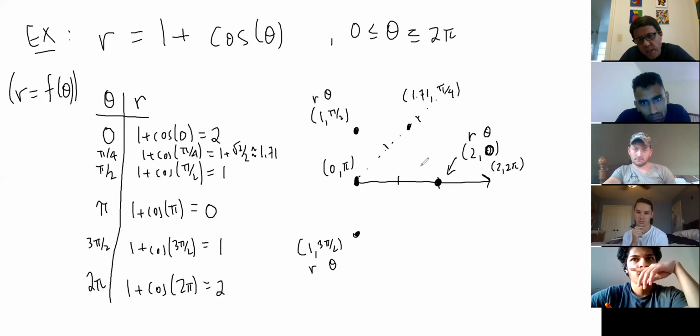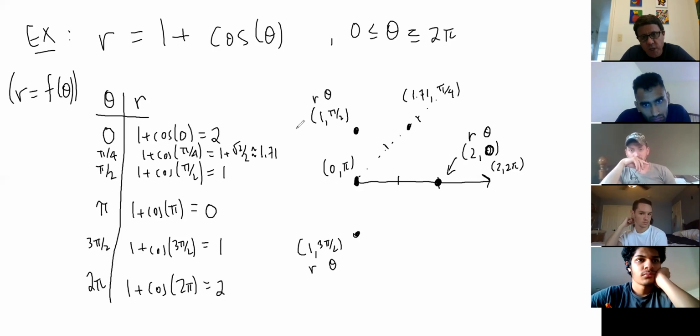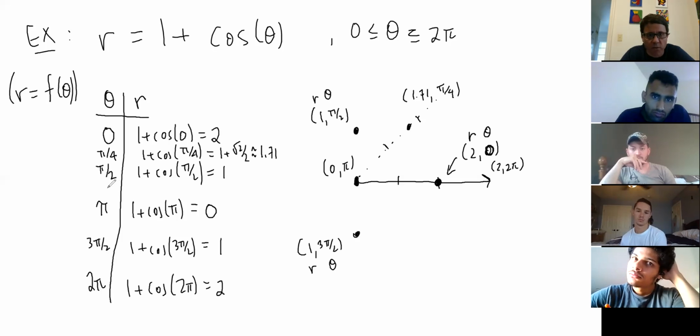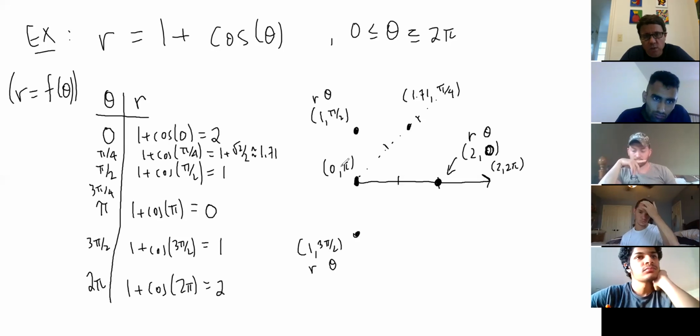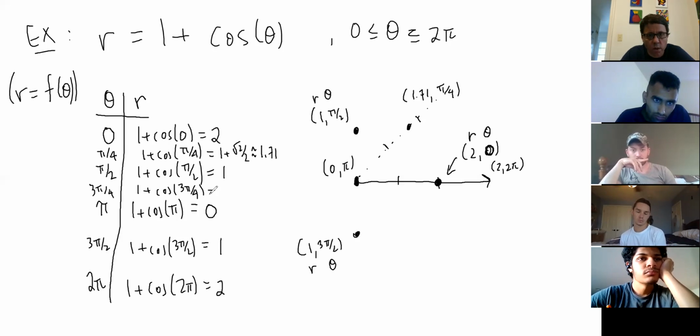Now, I think in order to really see this, we need one more, and then we can sort of connect the dots. Let's go 45, but over here, so northwest. So that's 1, 2, 3 pi over 4. 3 45 degree angles. So I'll get 1 plus cosine of 3 pi over 4.